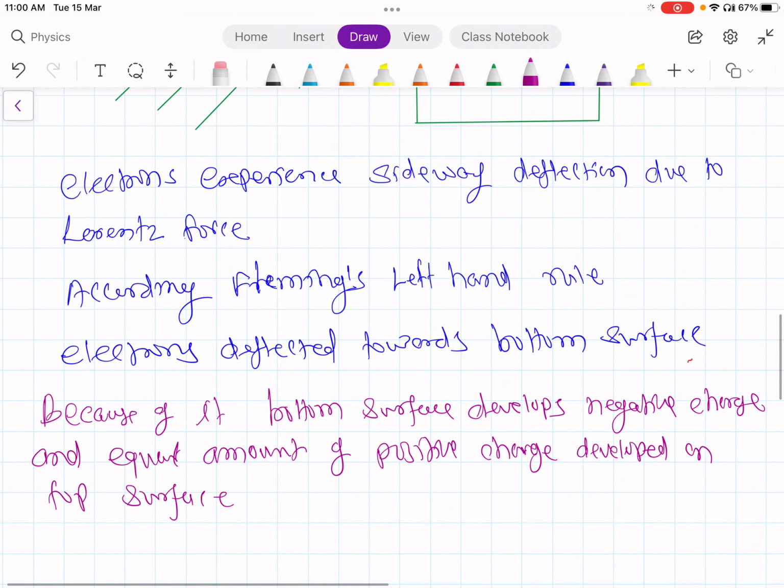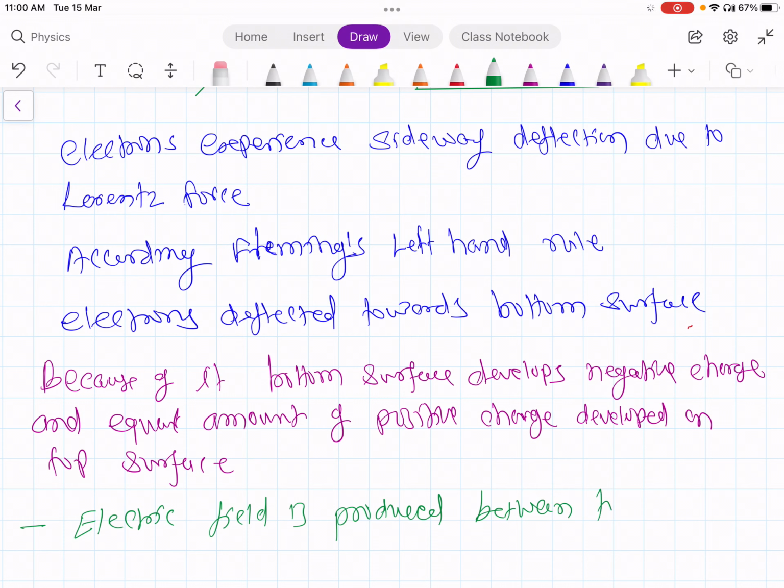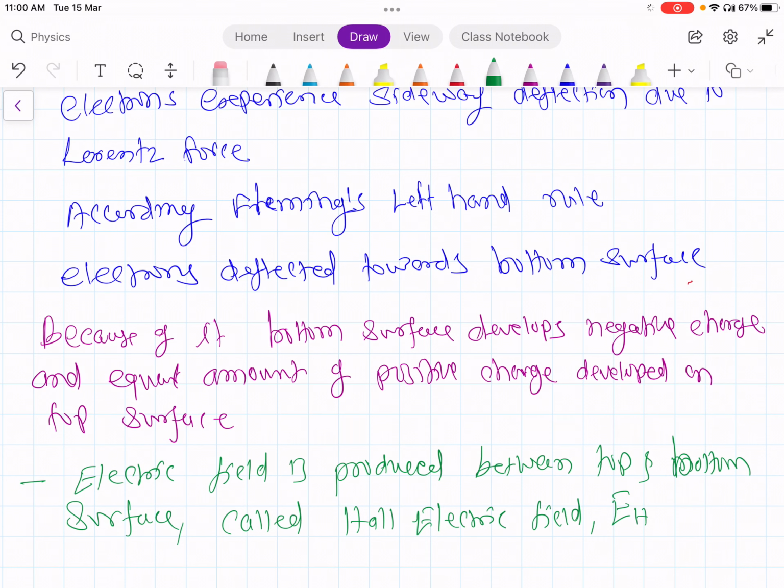It means that electric field is produced between the top and bottom surface, called Hall electric field, which is denoted by E suffix capital H. That is Hall electric field.